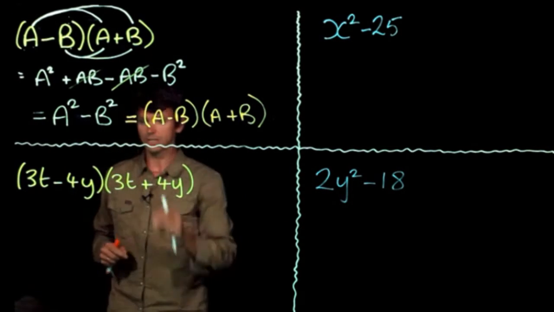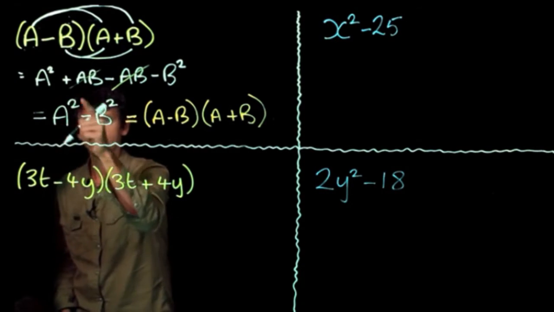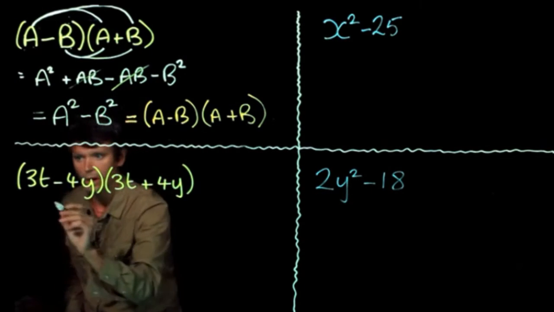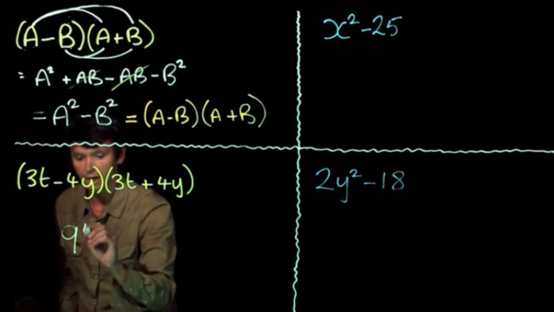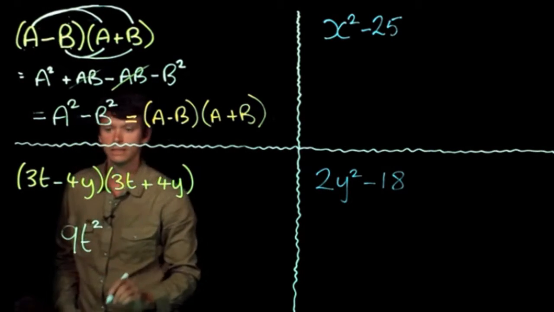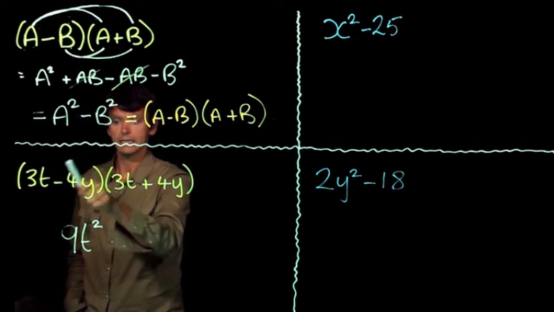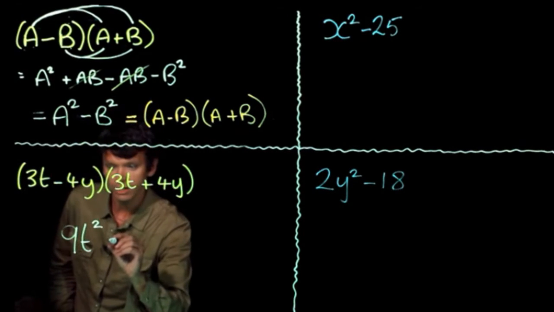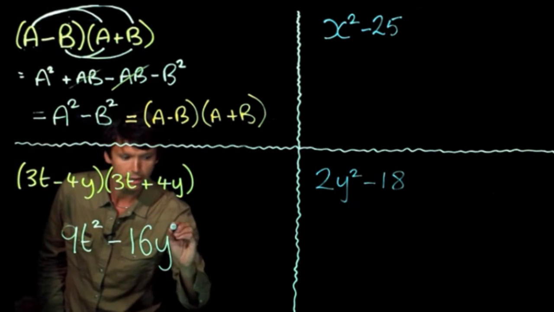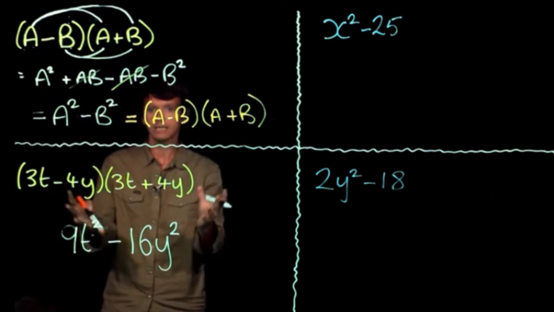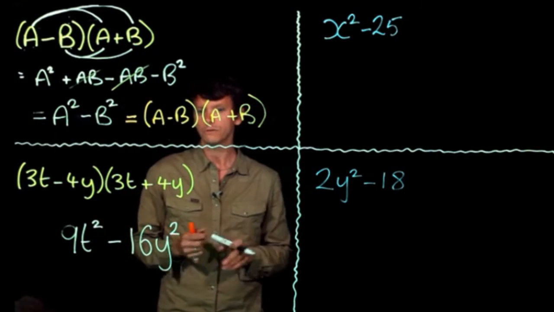So using this formula, I can just say, right, a squared, looking at the first term, I'm looking at 3t, and I need to square that, which is going to give me 9t squared, subtracted by b squared. b in this case is 4y. So if I square that, I'm going to get 16y squared. And that's it done. How much faster is that than actually doing the full expansion? That's the difference of two squares.